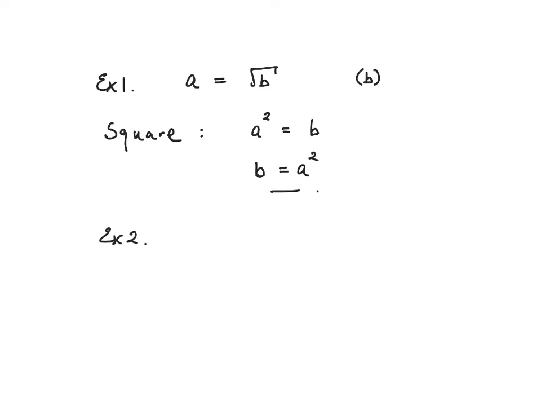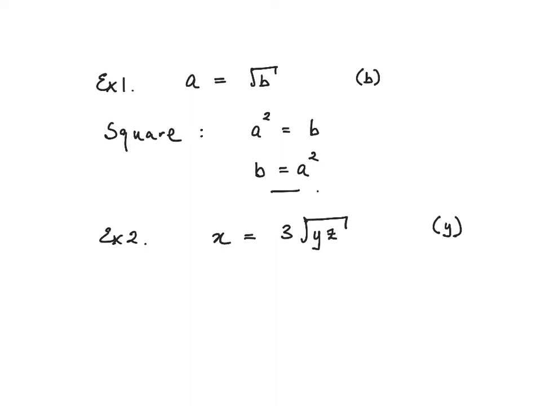Now what happens if we have other things with the square root? So x equals 3 times the square root of yz, and we want to make y the subject of the formula.